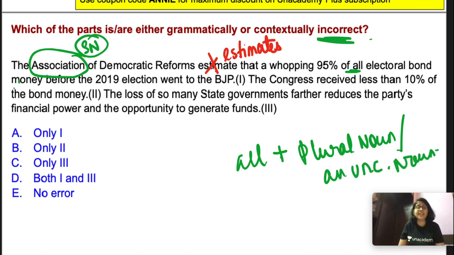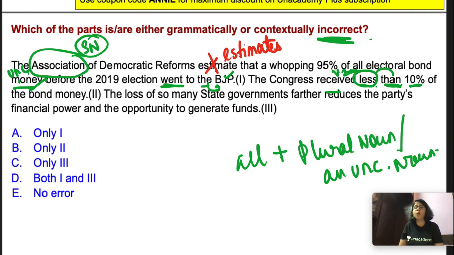Here money is an uncountable noun, correct? Before the 2019 election went, so the sentence is in the simple past tense, went to the BJP, the plus name of party. The Congress received V2 less than, so less means you are making a comparison, that's why than has been used, than 10% of the bond money.